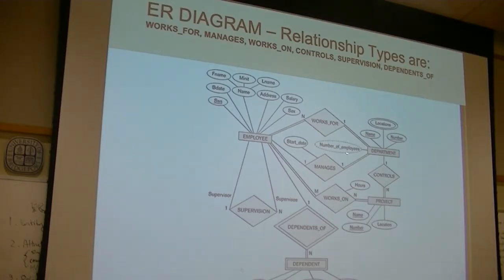Like this, right? It's the dotted one, the number of employees of the department. This is not critical, but for your information, we can count the number of employees for each department.